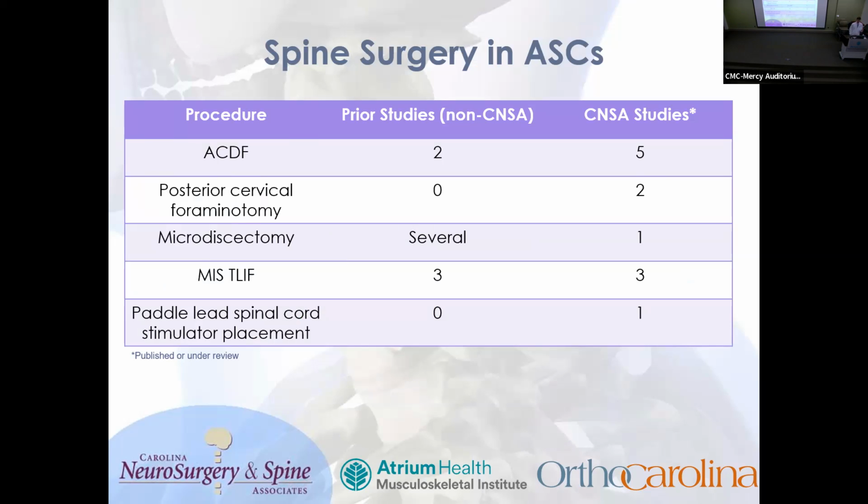Like I said in the beginning, there are a lot of studies that talk about outpatient surgery, but these are studies that specifically look at patient populations that have surgery done in an ambulatory surgery center. Other than microdiscectomy, there really wasn't much out there. So I think we've done a very good job trying to demonstrate the safety, efficacy, and also the cost utility of the setting for spine surgery.